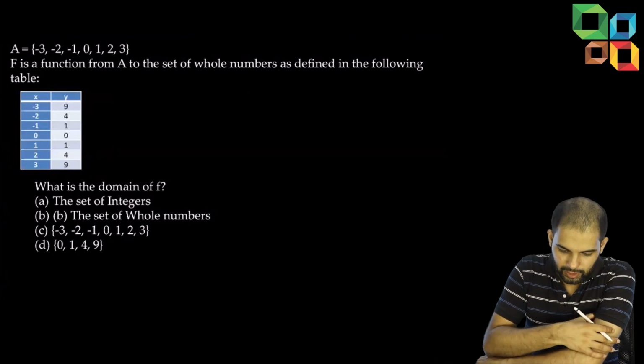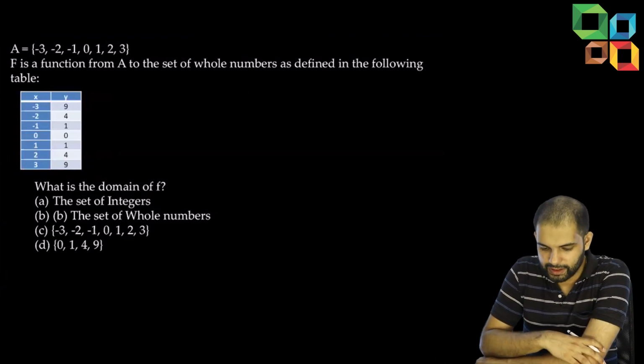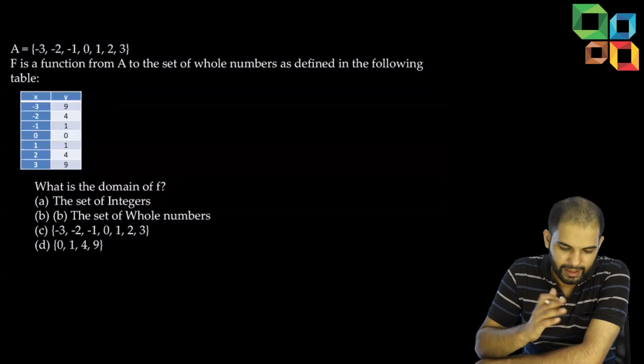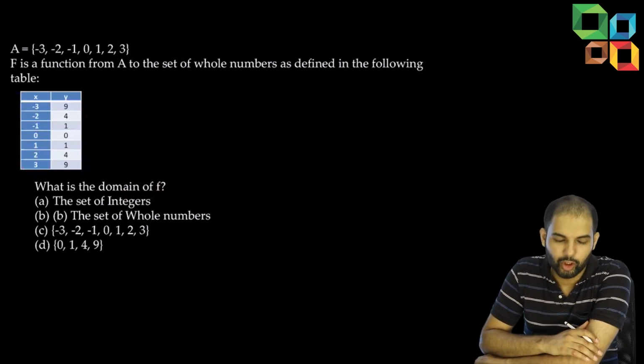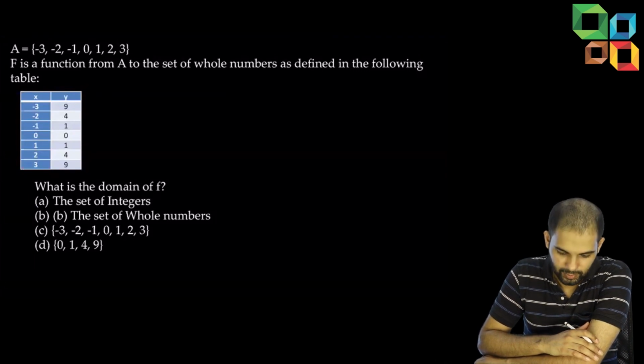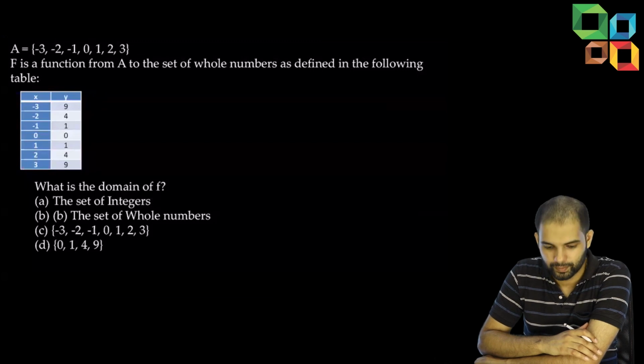Okay. So f is a function from A to the set of whole numbers, defined as follows. Again, there's a function given and something is happening to it. What is the domain of f? What is the domain? The set of integers. Okay, some people are saying A. What do you think the domain is? Set of integers. Okay. Any other answer we have?